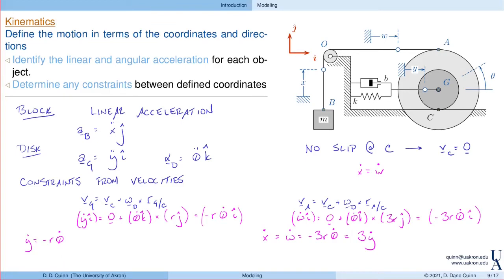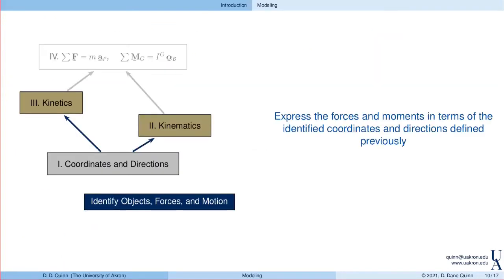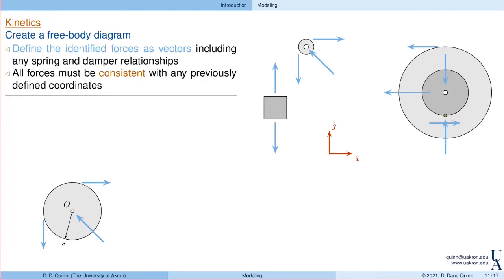Okay, what's next? Well, kinetics. Forces. We want to express the forces and moments in terms of the identified coordinates and directions. So, back in step 1, we talked about coordinates and directions. We want to use that to find and define the forces, just like we used them for the kinematics. So really what we're talking about now is a free body diagram.